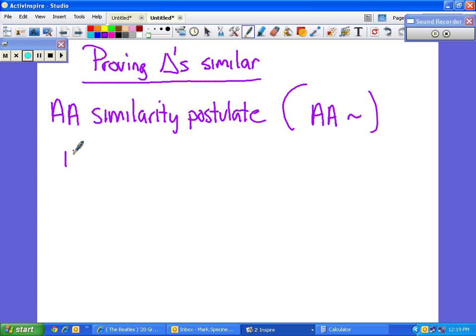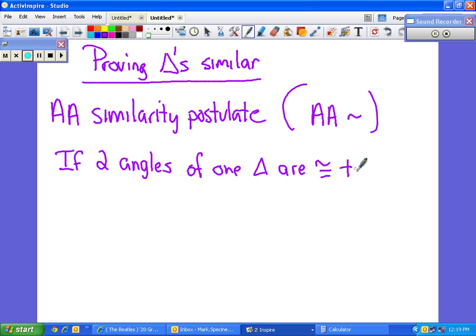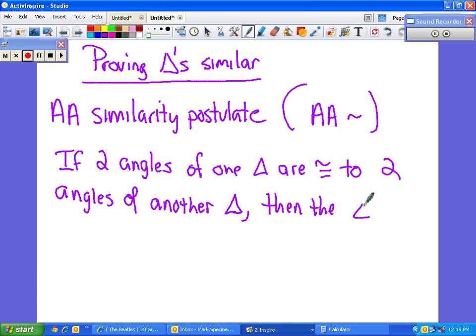And basically what it says is, if you have two triangles, and you are either told or you can prove that two of the angles on one triangle are congruent to two of the angles on the second triangle, then you can say that those two triangles are similar.